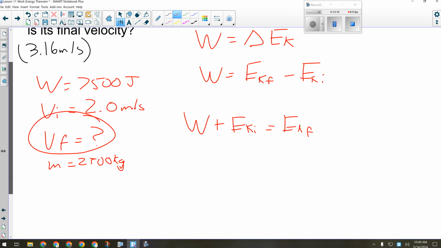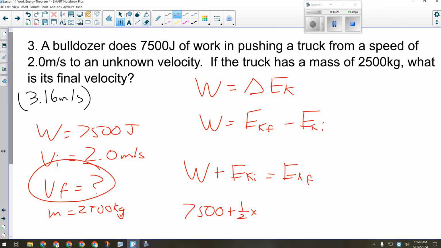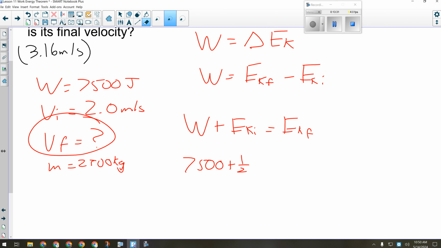So this is 7,500 joules. This is 1/2 times the mass times vi squared, and this over here is 1/2 times m times vf squared.